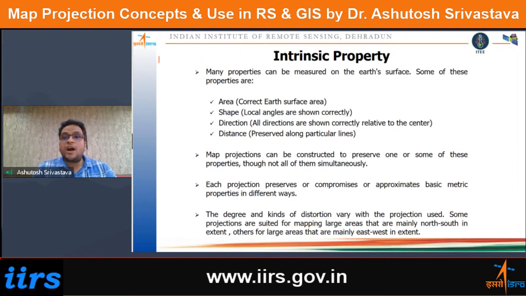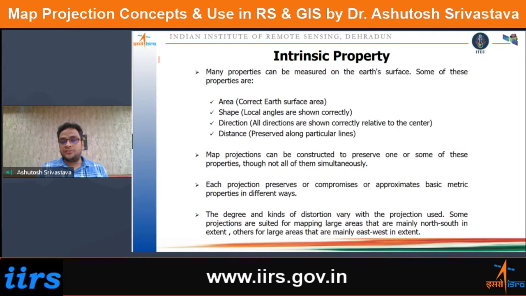As per our requirement, convenience in the sense of the requirement. Some map projections are basically used for the north-south extent, maybe good for areas which have more north-south extent.